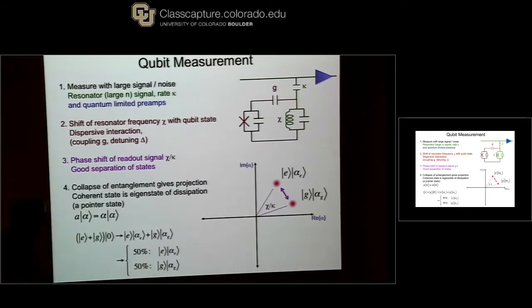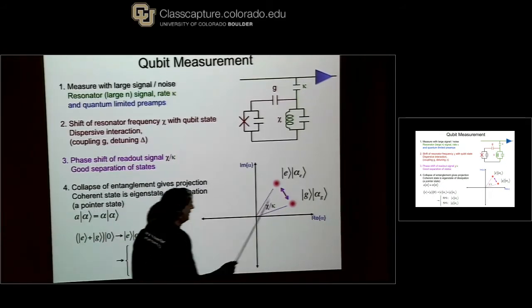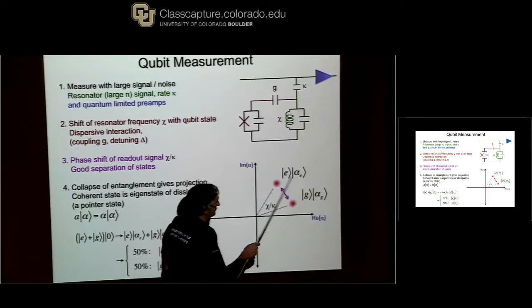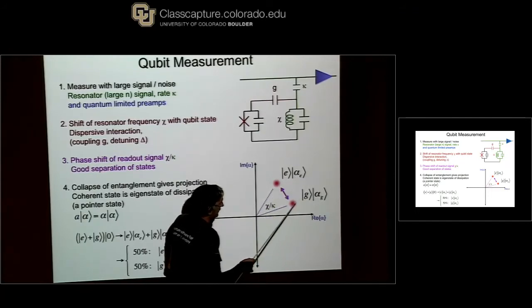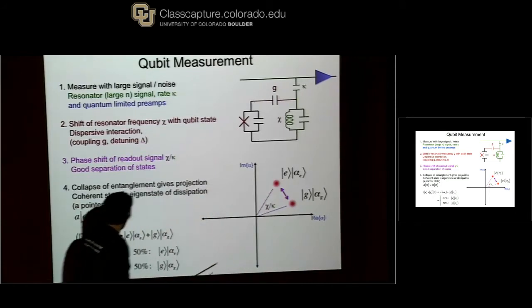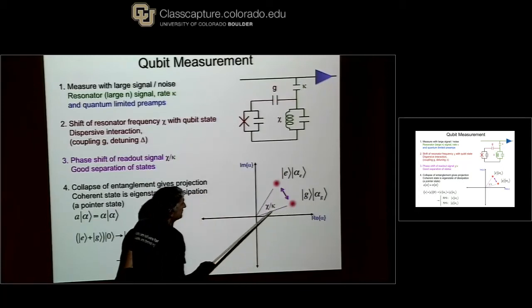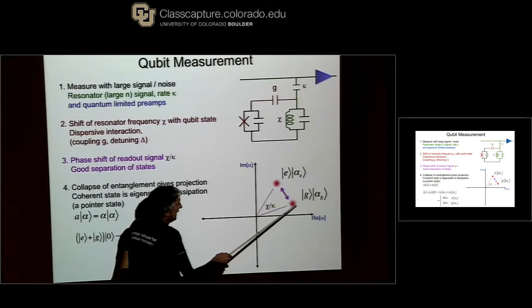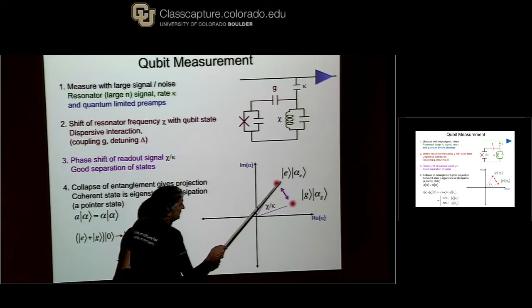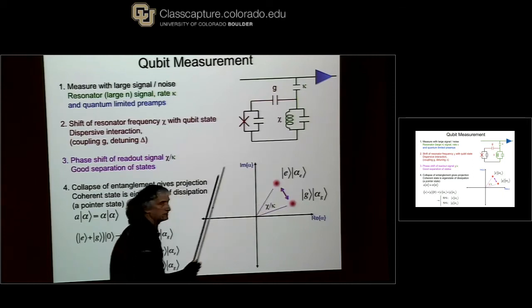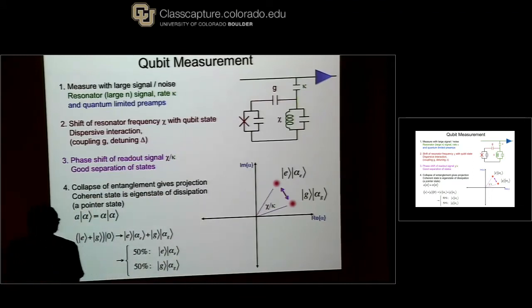And when you do that, you're going to get entanglement. Let's say the qubit is in the superposition 0 plus 1; you're going to have entanglement of the 0 plus 1 into these two coherent states. But then as this coherent state gets read out, it wants to collapse into one of these two states, 50% of the time into here and 50% of the time into here, and then you can read out what state you were in.